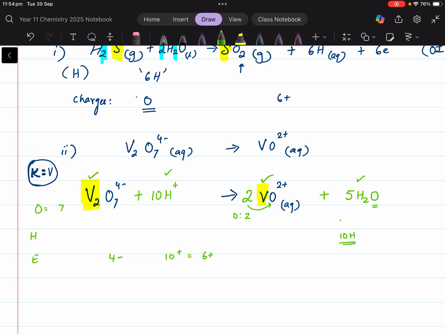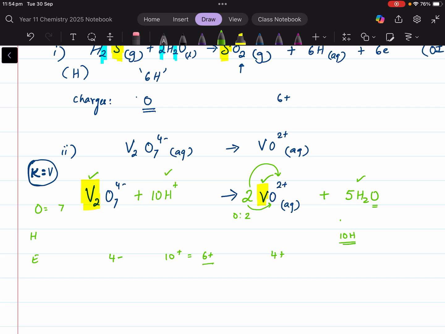On the right hand side, I have 2 times 2, which is 4. So basically that's 2 positive charges, but I have 2 of those molecules, and therefore my positive charges are plus 4 on the right hand side.